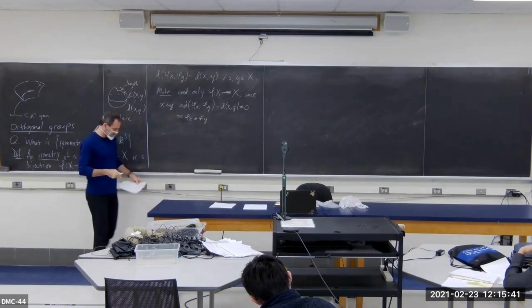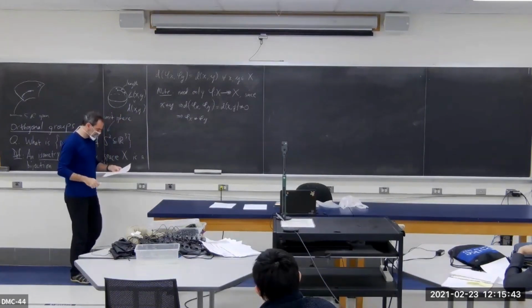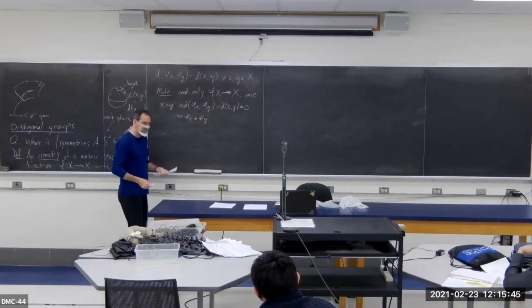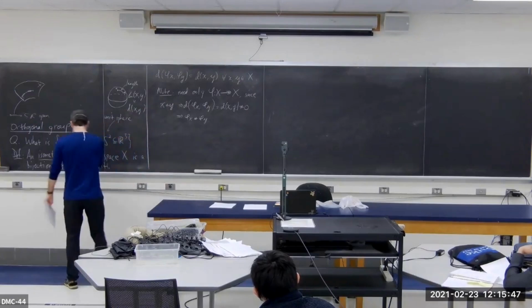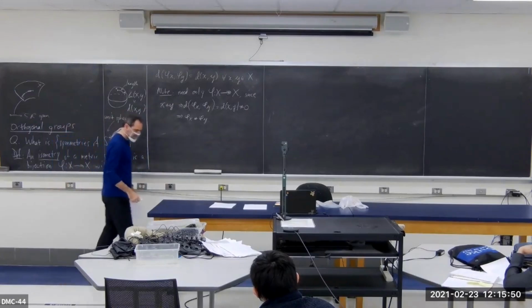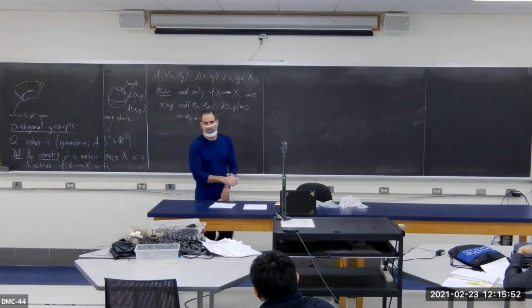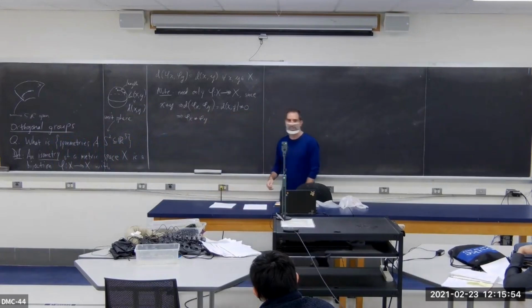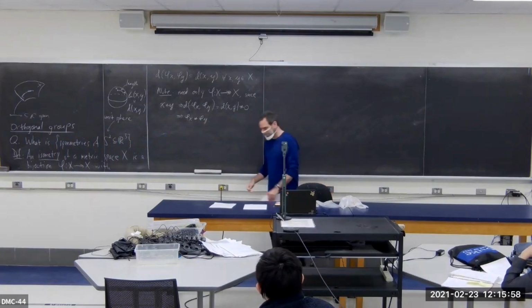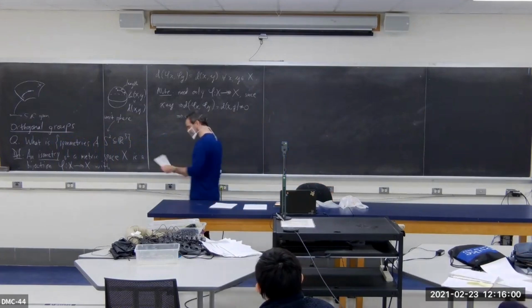Can you give me an example of a metric space where you have a map from the metric space to itself that satisfies everything except for it being bijective? So everything except for surjectivity. Let me write it down, actually.